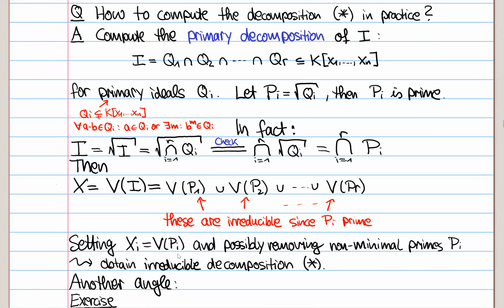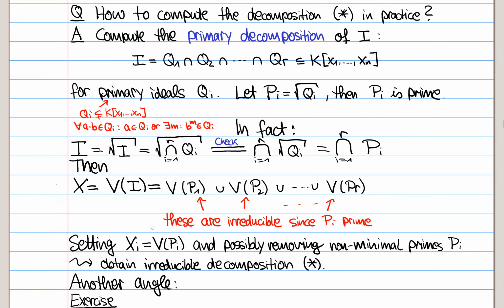So we set Xi to be this vanishing locus, and then it might be that one of the prime ideals occurs several times, and we can remove that if this occurs. It could also be that maybe it doesn't occur several times, but some of the primes are not minimal, which means that some of the vanishing loci are not maximal with respect to inclusion.